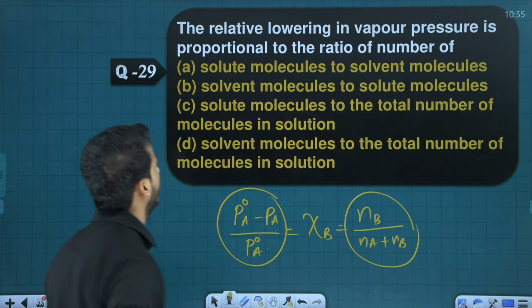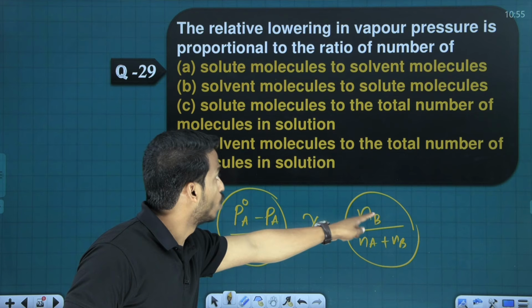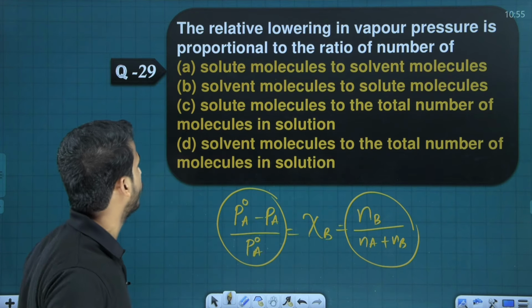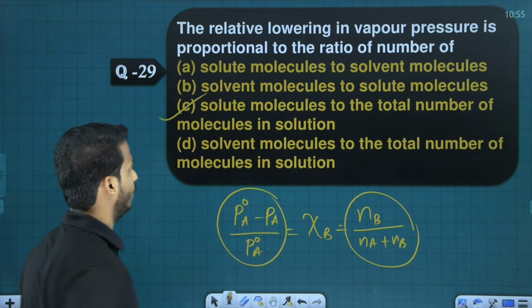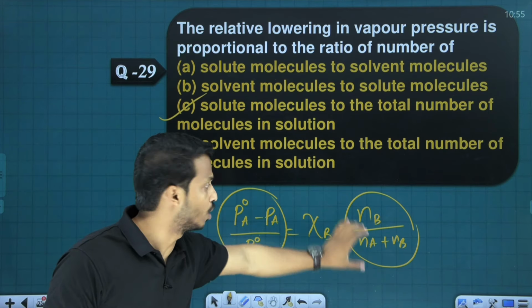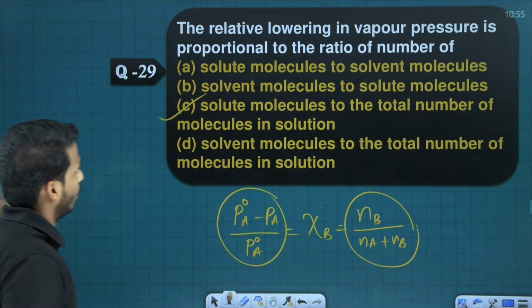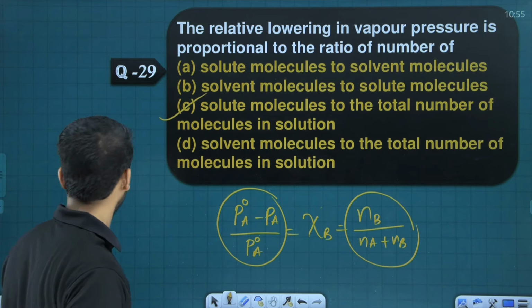So where is that expression? It is the solute molecule. Solute molecules to the total number of molecules in solution, option C. So relative lowering of vapor pressure is directly proportional to the number of moles of solute to the total number of moles.